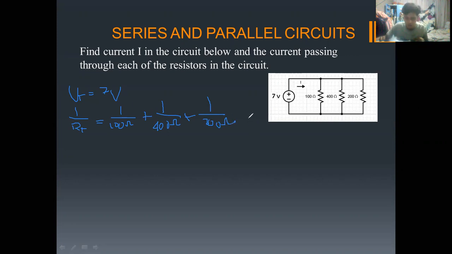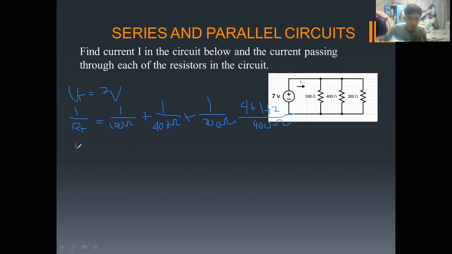Tapos, kailangan natin kuhanin yung LCD. LCD niya is 400 ohms. So, 400, divide natin dito. Nakuha natin 4 plus 1 plus 2.